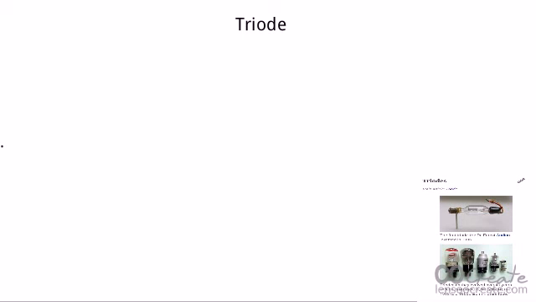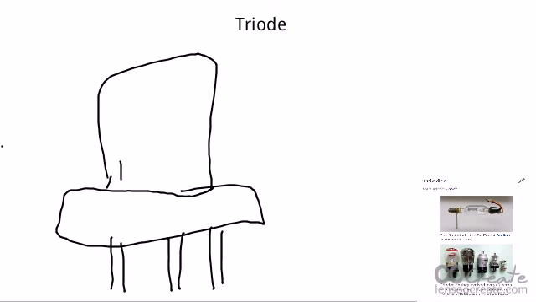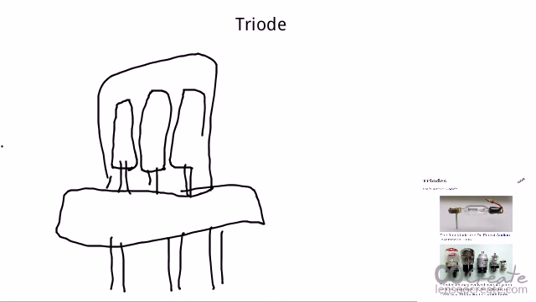Triode. De Forest introduced a third electrode in the vacuum tube diode, and then it was called a triode. A triode consists of three electrodes.